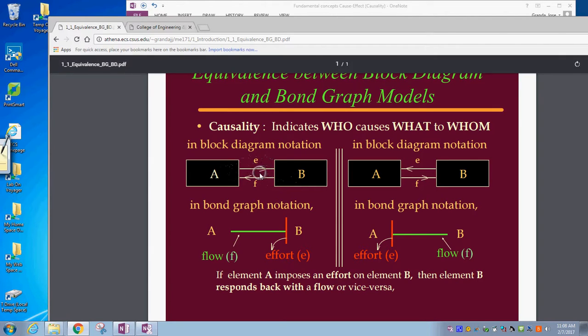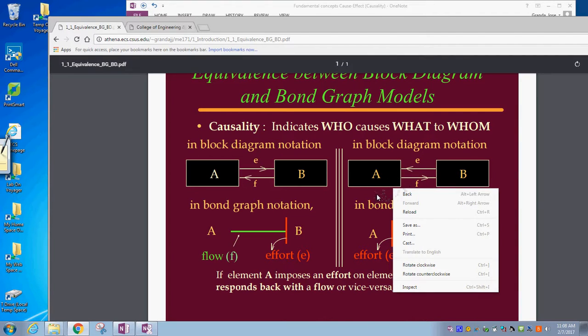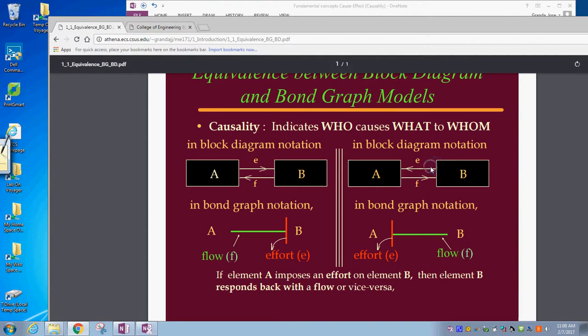That's what this graph means. This graph is the reverse, because here it says if B acts on A with an effort, A will respond with a velocity.